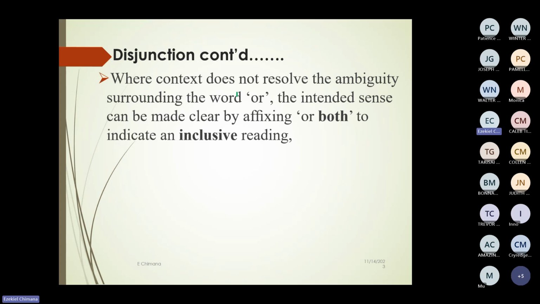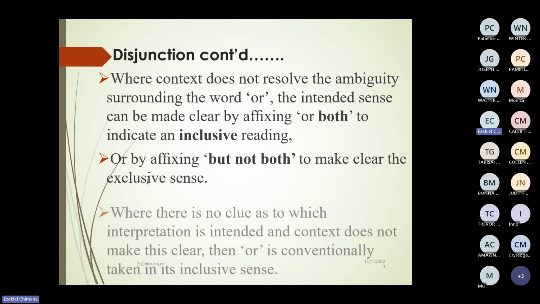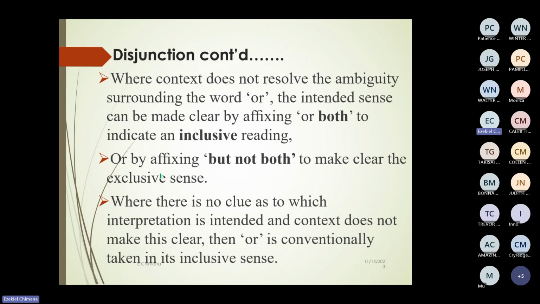Where context does not resolve the ambiguity surrounding the word or, the intended sense can be made clear by affixing "or both" to indicate an inclusive reading, or by affixing "but not both" to make clear that the exclusive sense is intended.